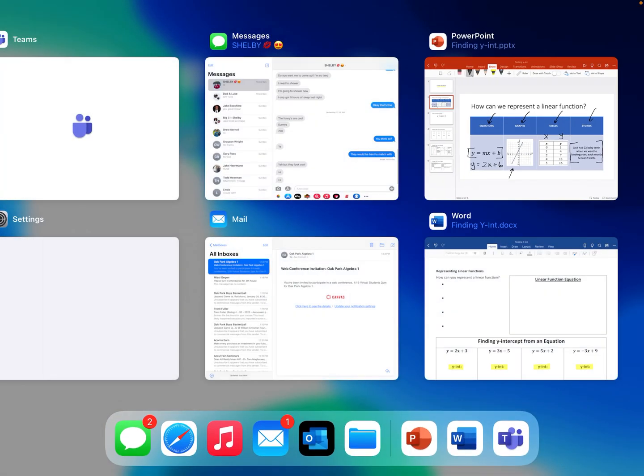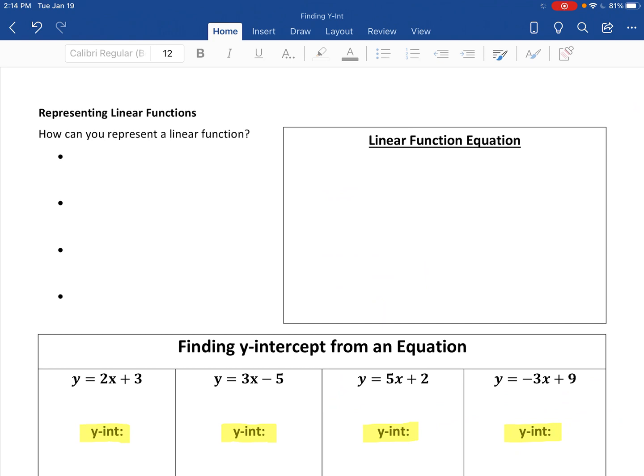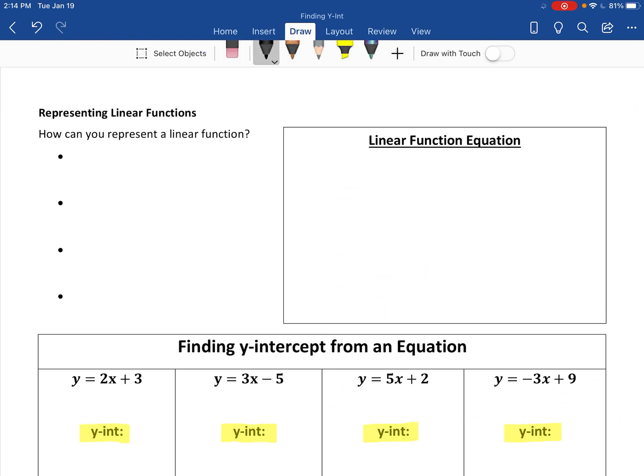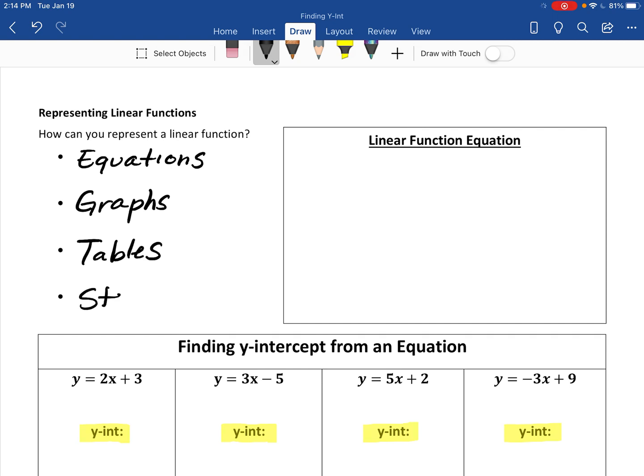So if you want to hop to your Word document, it should look something like this. We're going to go ahead and fill in the blanks. So how can you represent a linear function? We talked about those 4 ways. We have equations, graphs, tables, and stories.